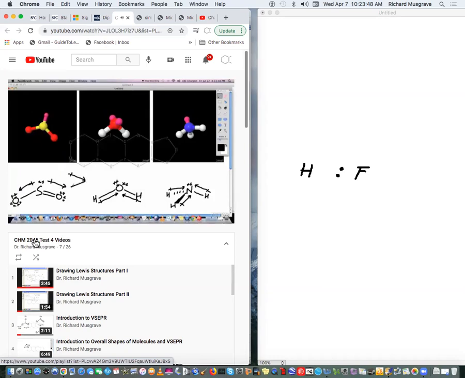And what I'm doing is vector addition, which means I'm adding these two vectors head to tail. So I'm taking the tail of this one and putting it on the head of this one. Now the net dipole then will go from the tail of the first to the head of the second. So that's going to be the net dipole, and it's going to look more like this, sort of straight down through the center of the molecule.